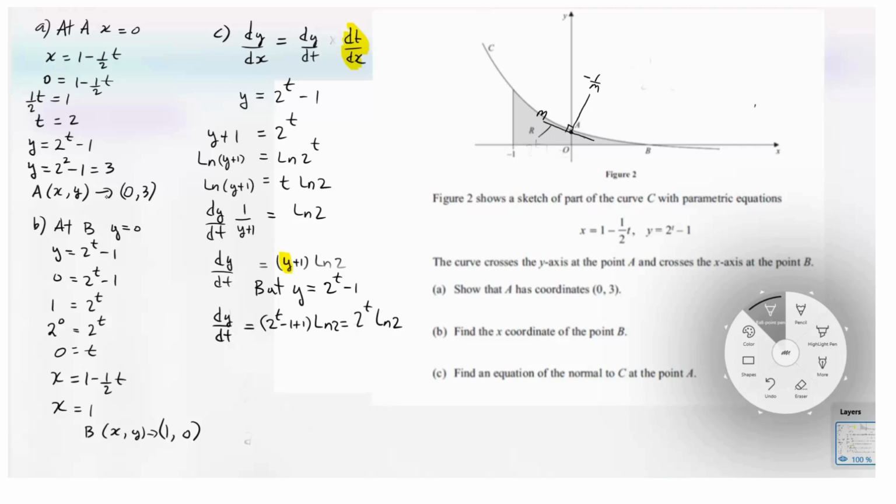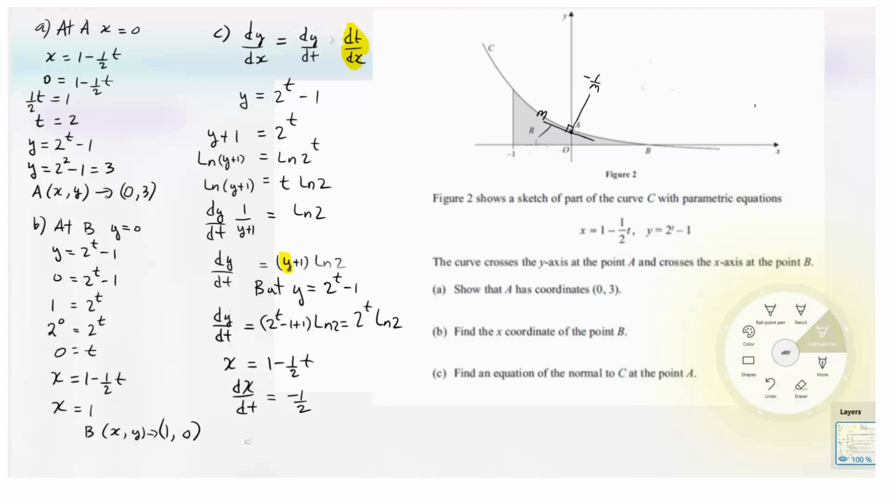Let us find now dx dt. So we have x as 1 minus a half t. Therefore, dx dt equals minus a half. But if you notice here, we have dt dx. We need to find dt dx. So we need to find the reciprocal of this. So dt dx then is the reciprocal of minus a half, which is minus 2.